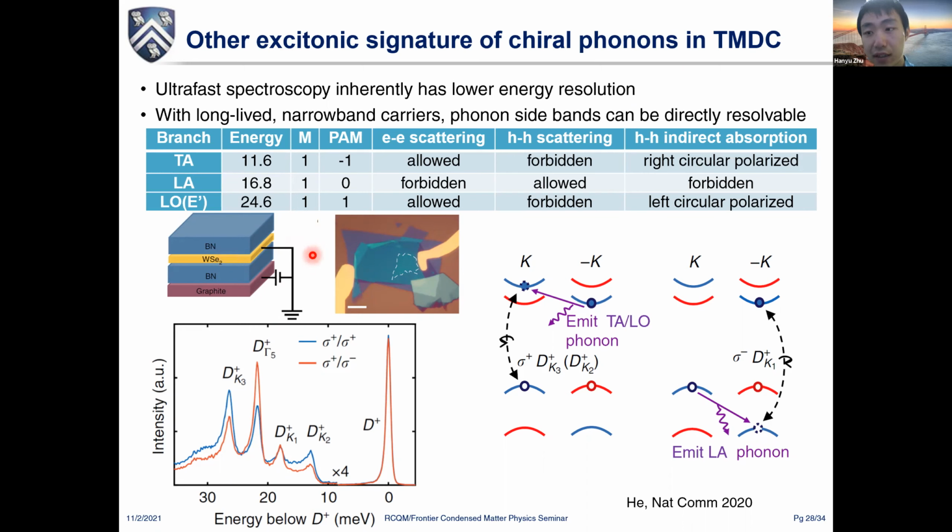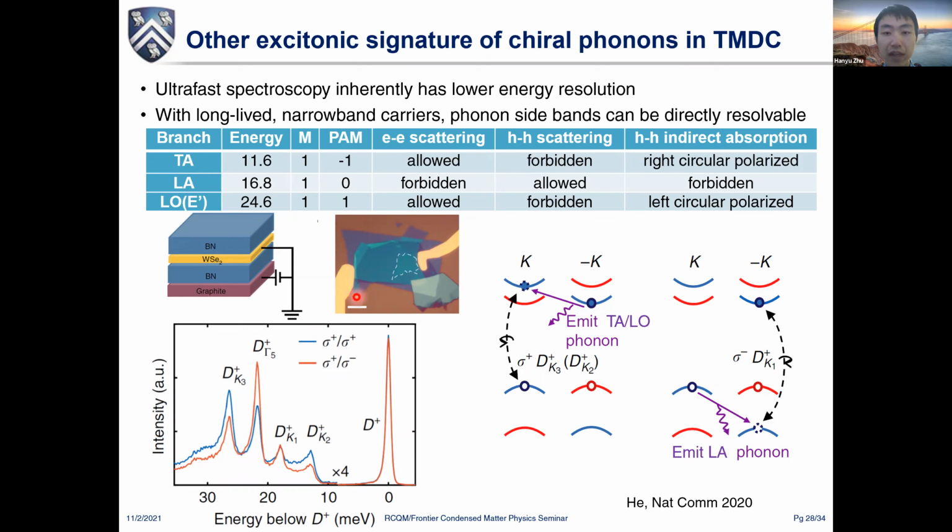So in those cases, the phonons have enough time to scatter, and then do an emission that is usually forbidden.